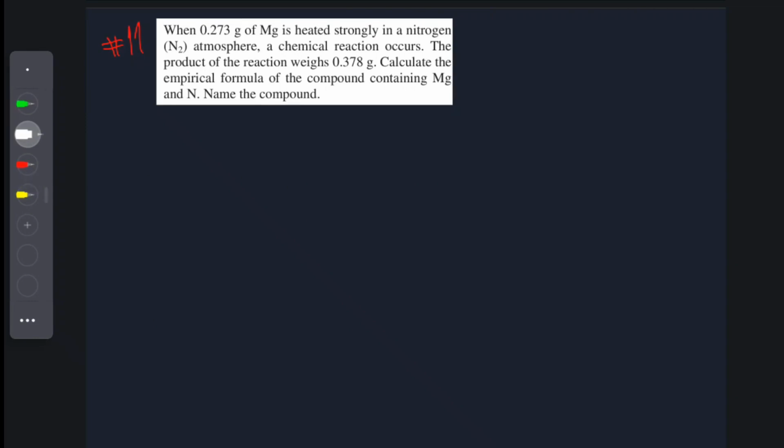And this is the last question. When 0.273 gram of magnesium is heated strongly in nitrogen, there is a reaction something like this. A chemical reaction occurs.